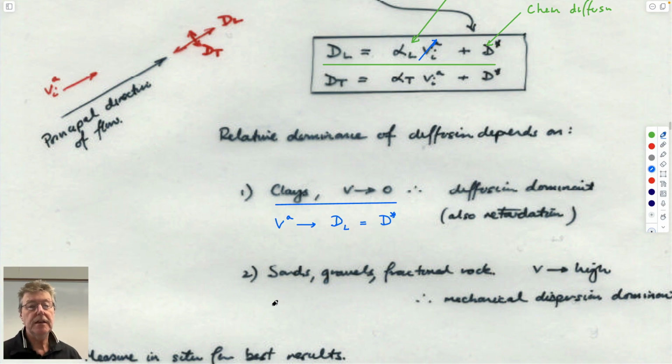The converse is that if the advective velocity is a big number, then the longitudinal dispersion is dominated completely by the advective component, mechanical dispersion. Ooh, that's cool. Alpha L times the advective velocity in the x direction.